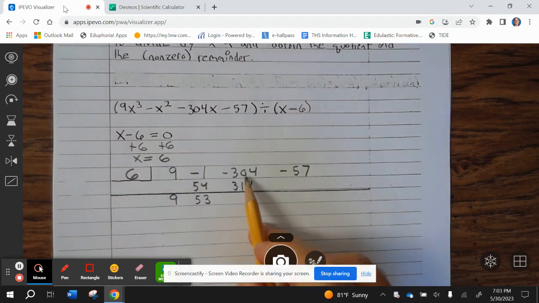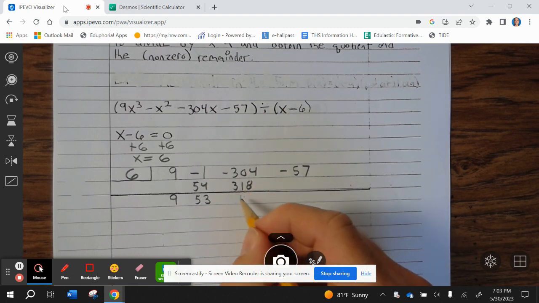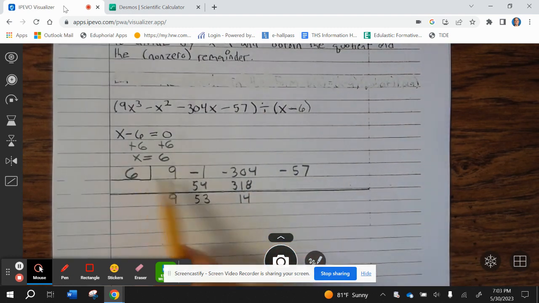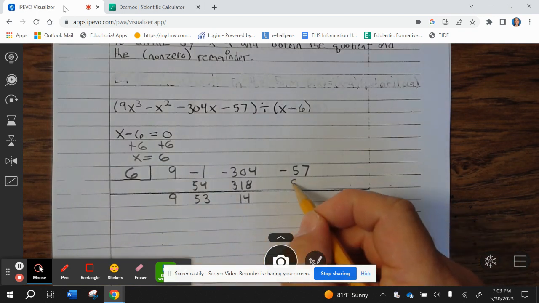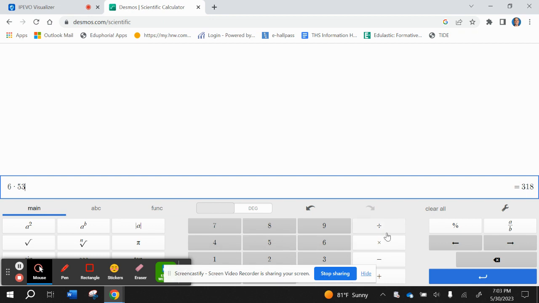Negative 304 and 318 is 14. 6 times 14 is 84. And then 84 minus 57 is 27.